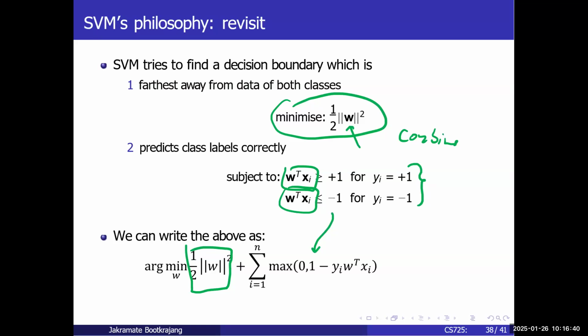So how do we read the equation on the right? So you have the summation from i to n, right? And then you take the maximum between 0 and 1 minus yi times the dot product between the vector and xi. So what does this equation mean, right? So we start with this part first.